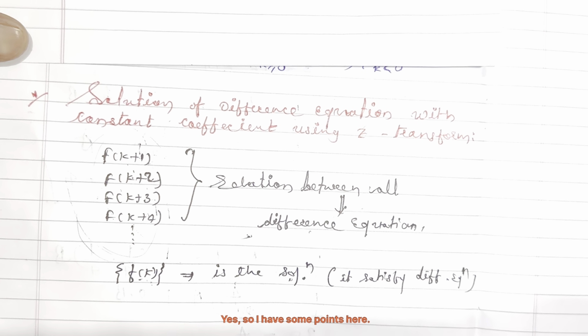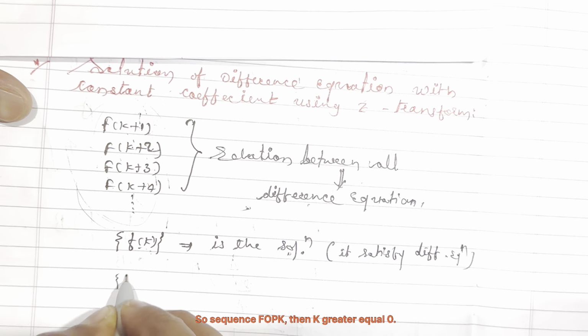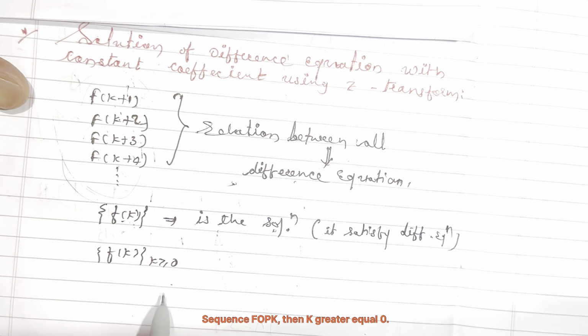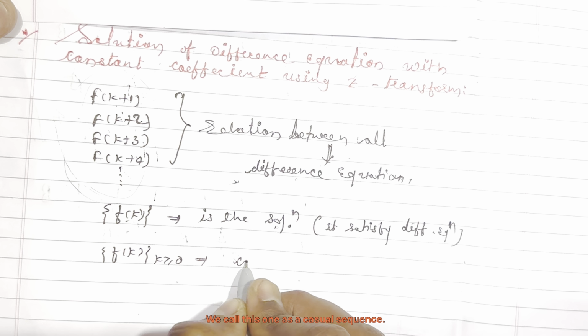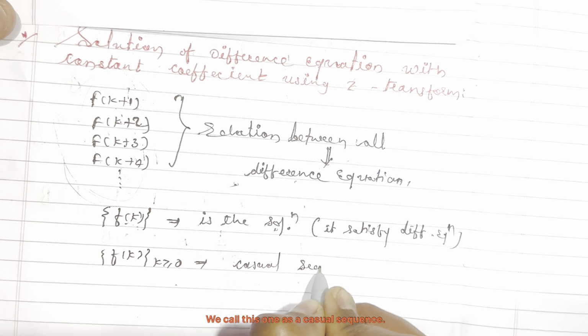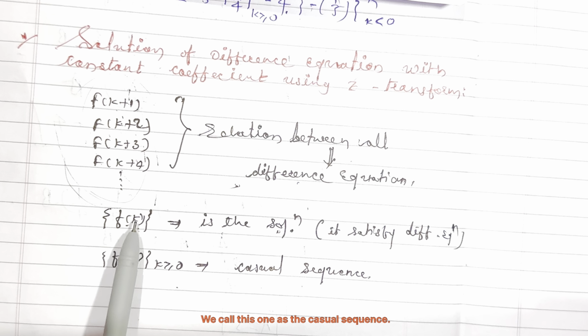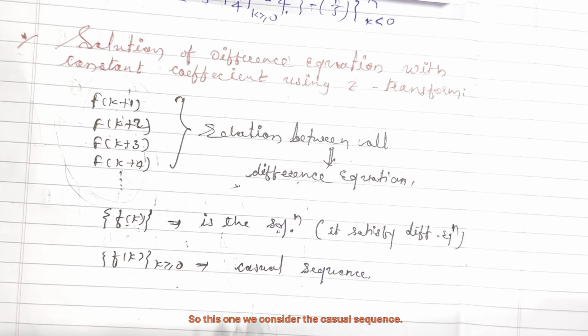So I have some points here. I already explained, if the sequence f of k is defined when k is greater than or equal to 0, we call it a causal sequence. That is, f of k with k running from 0 onwards we consider as the causal sequence, whenever k is bigger than 0.